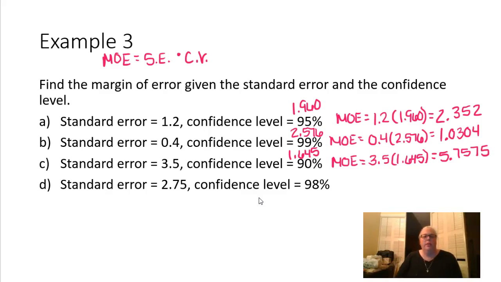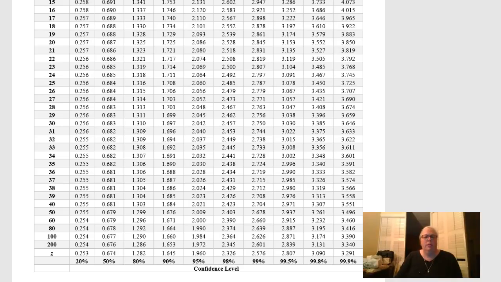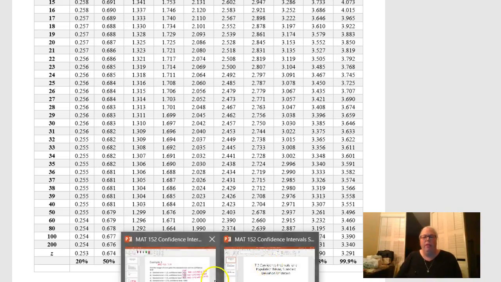All right, the last one, D, the standard error 2.75. The confidence level is 98%. Let's pull up table A3. We're going to look at the bottom on the Z line at 98%. There's 98%. Right above it, 2.326 will be our critical value.